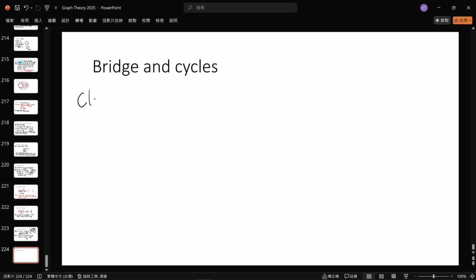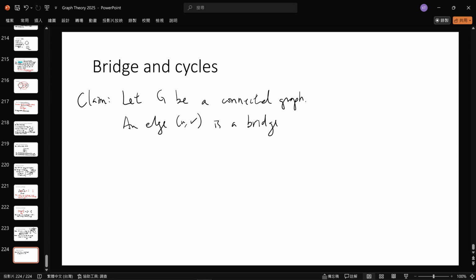So the claim is, once again, let's consider an undirected graph.